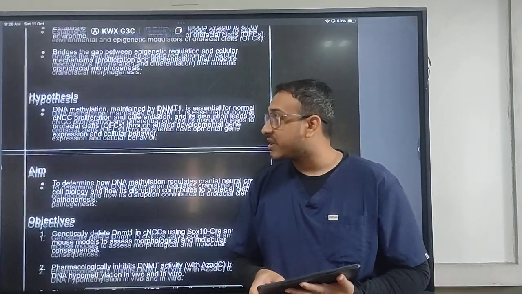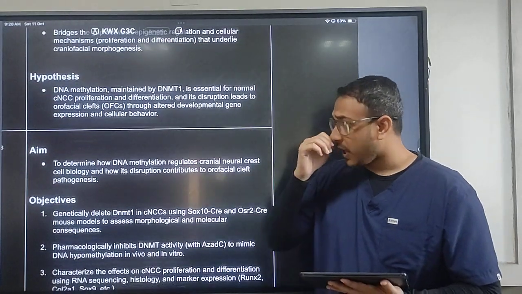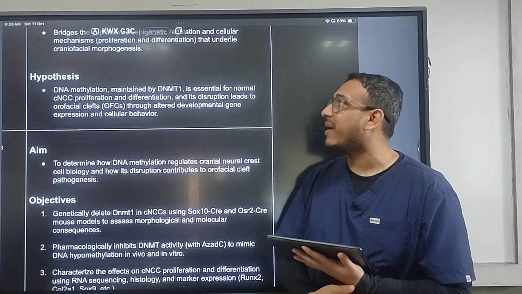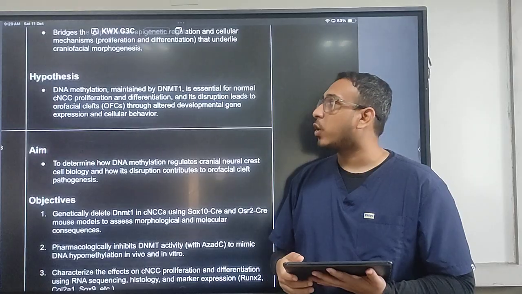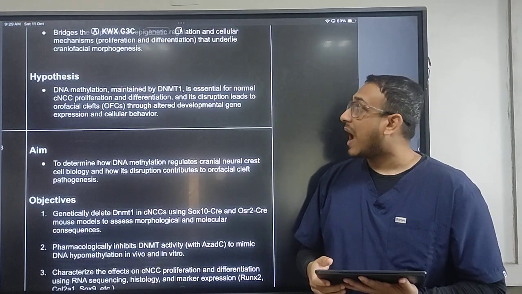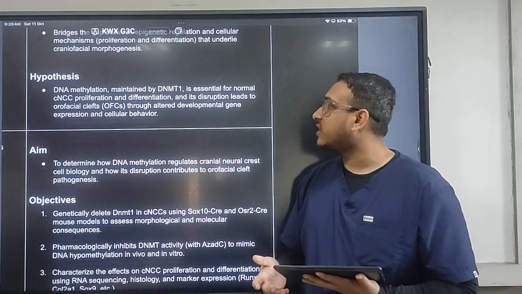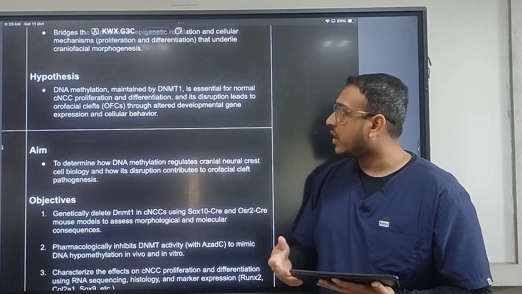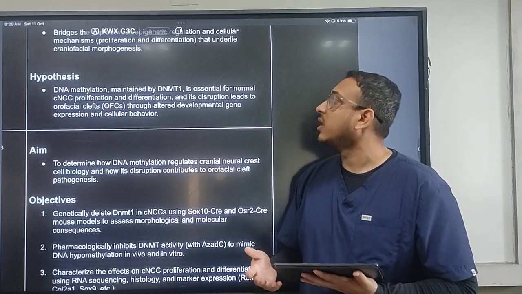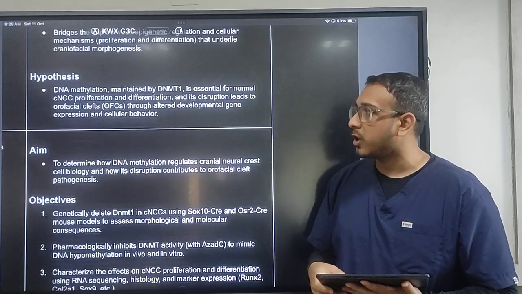So the authors hypothesize that DNA methylation maintained by DNMT1 is essential for normal CNCC proliferation and differentiation, and its disruption leads to orofacial cleft through altered developmental gene expression and cellular behavior.